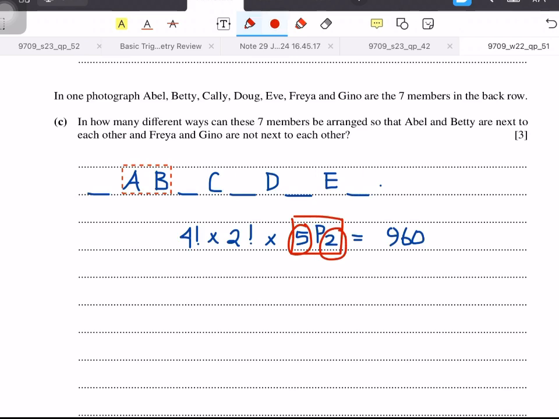So 5 permutation 2 is the number of ways we can arrange Freya and Gino in these 5 spaces. So the total will be 960.